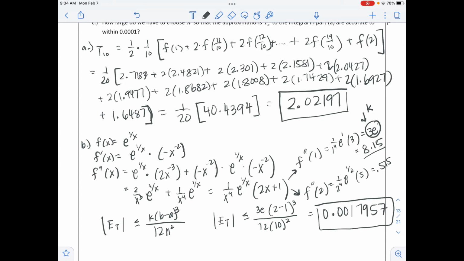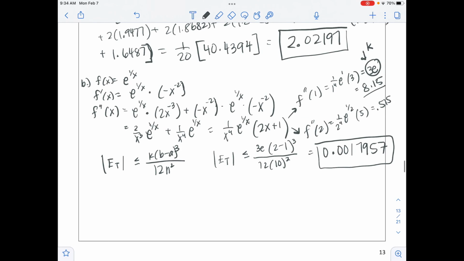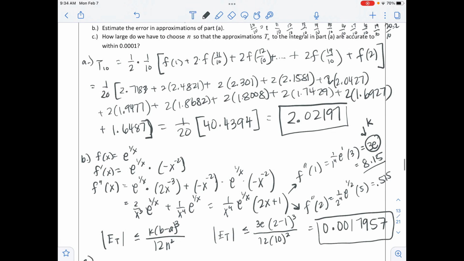So next thing is part C. If you look back up above, part C asks how large do we have to choose n? So we need to choose n so that the approximation T sub n to the integral in part A is accurate within 0.0001.